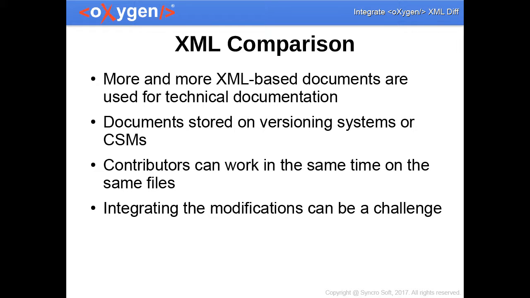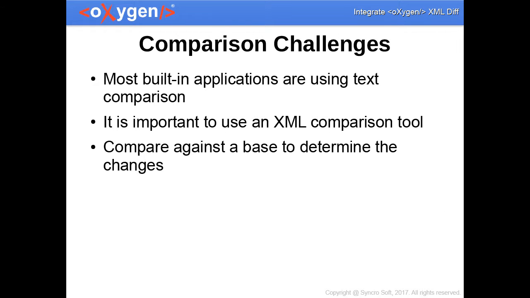If you are using a text comparison, sometimes it's not a good choice because the documents can become not well formed on the repository. Most built-in tools use text comparison when they are showing the differences. And when you are using XML documents, it's better to use XML comparison.